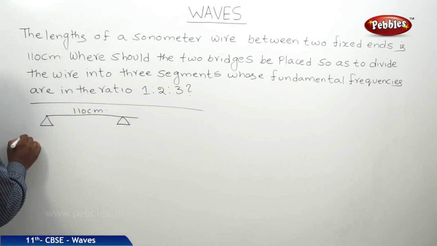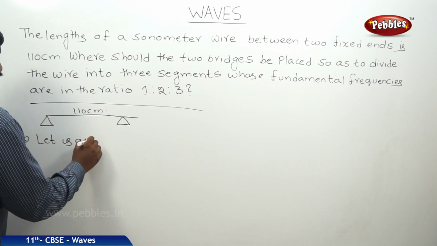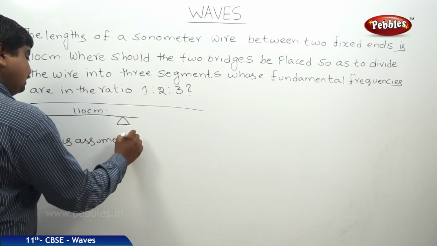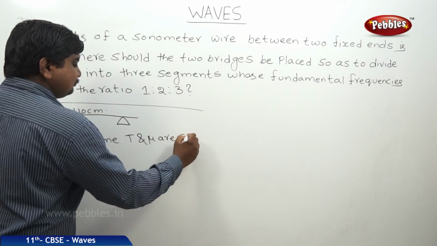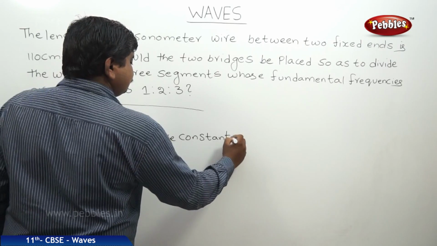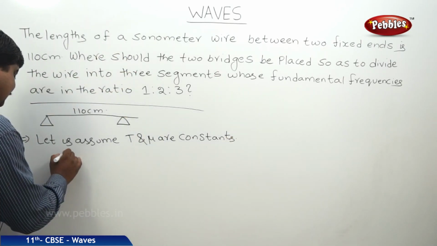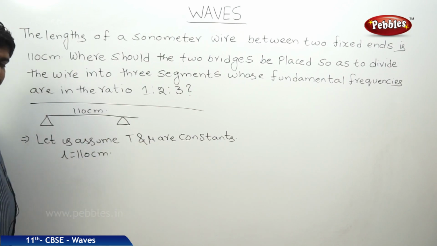Let us assume tension force and linear density are constants. Total length L is equal to 110 centimeters.